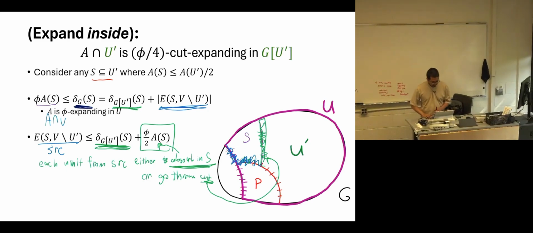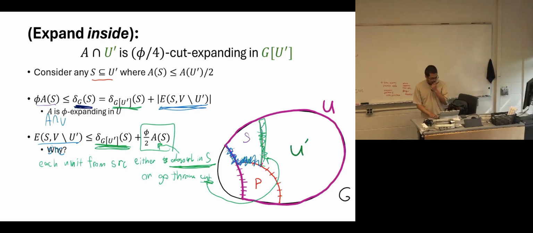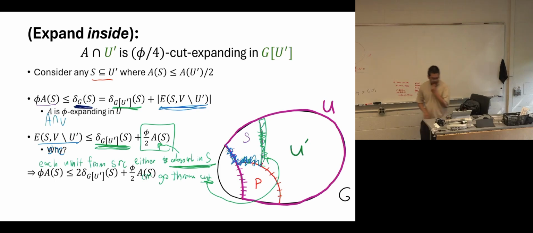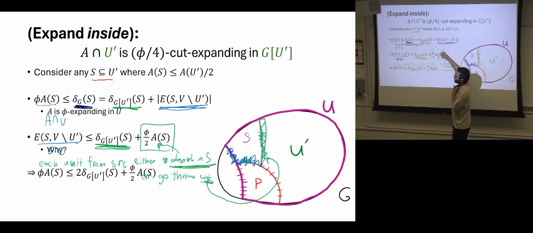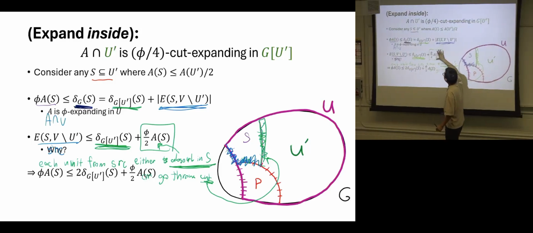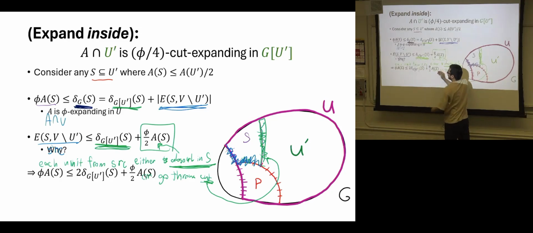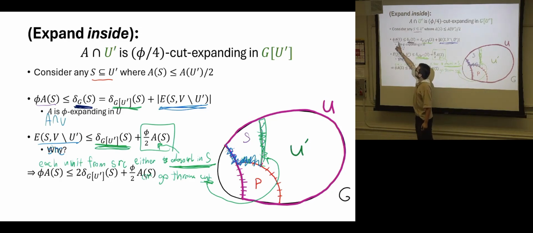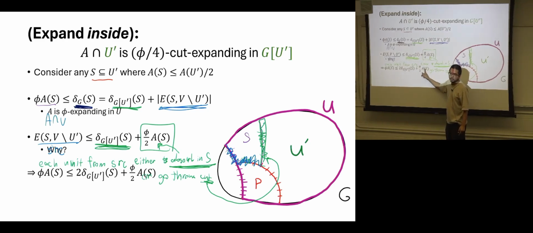Okay. But once you have this, then you are done. Because you just kind of combine this thing together. Like this part is at most this. So you just replace the blue thing by this one. So you get that phi AS is at most 2 the cut size, plus phi over 2 AS.